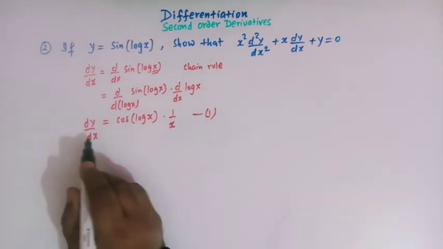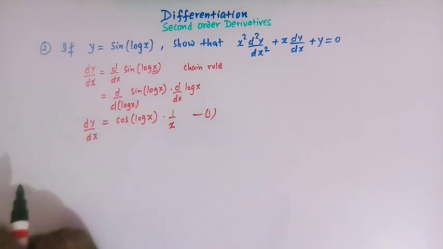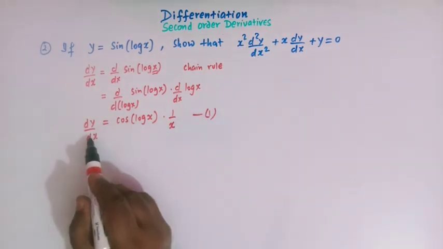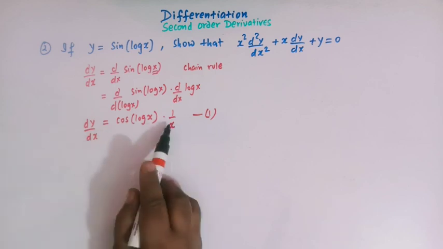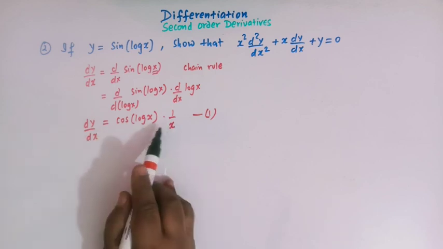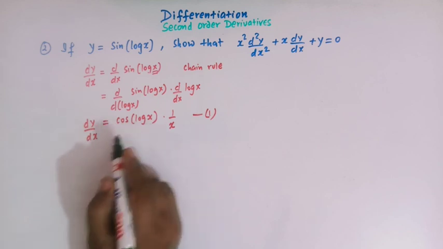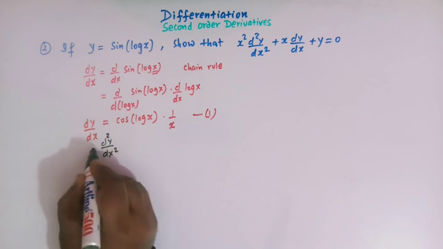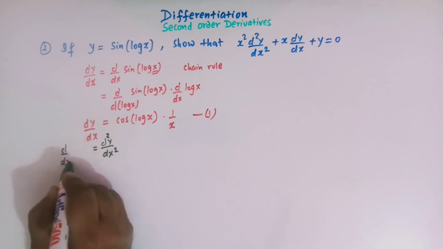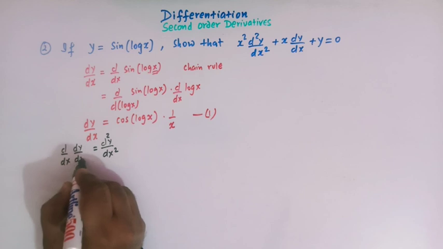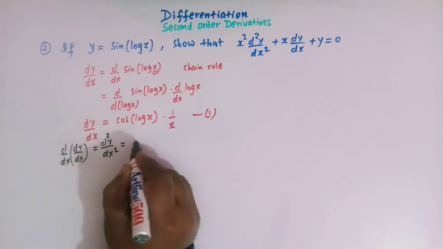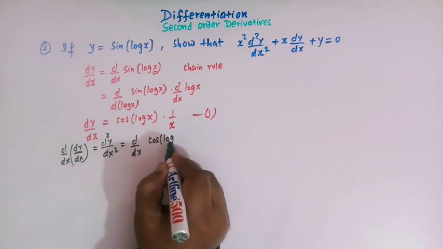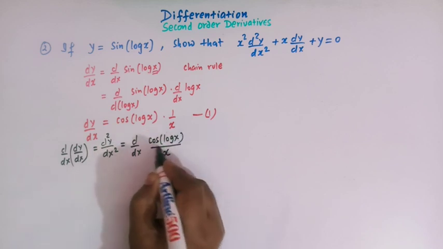So now what we have to do, we have to find the second derivative, right? So for second derivative we can directly differentiate both sides with respect to x. Then see here we have d2y over dx2, which is d by dx of dy over dx, and this can be written as d by dx of cos log x over x, right?